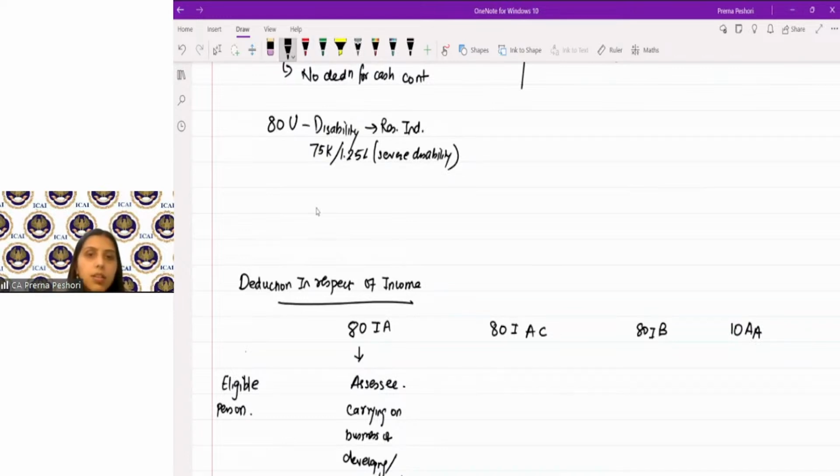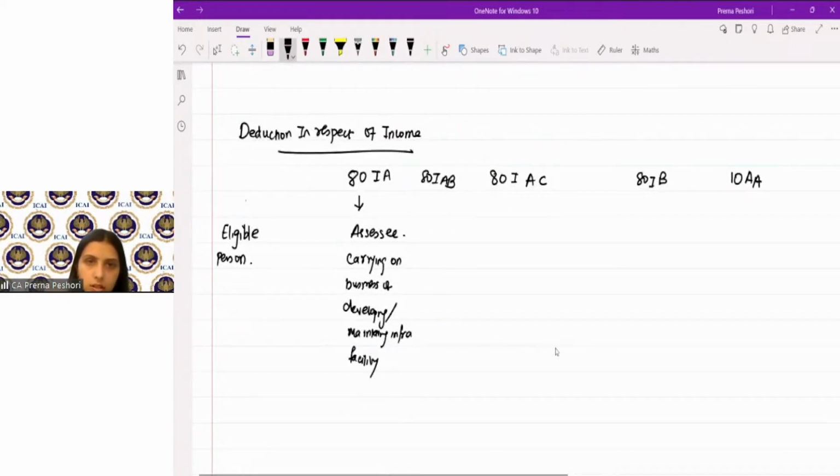80 IAP is available to the assessee who is a developer who has the income from business of developing SEZ. So your income from developing SEZ. Okay.